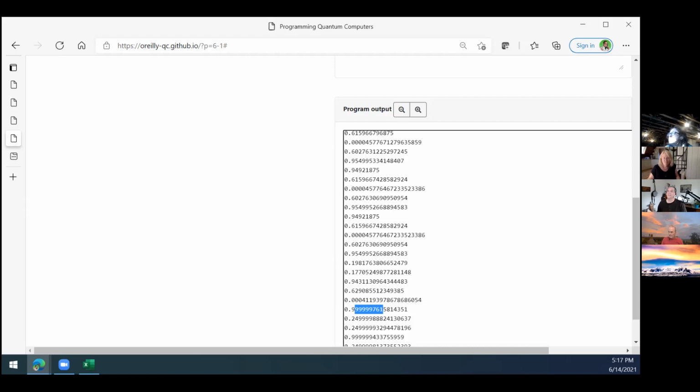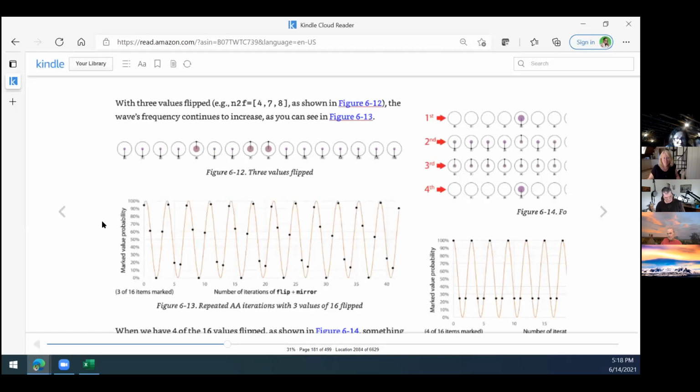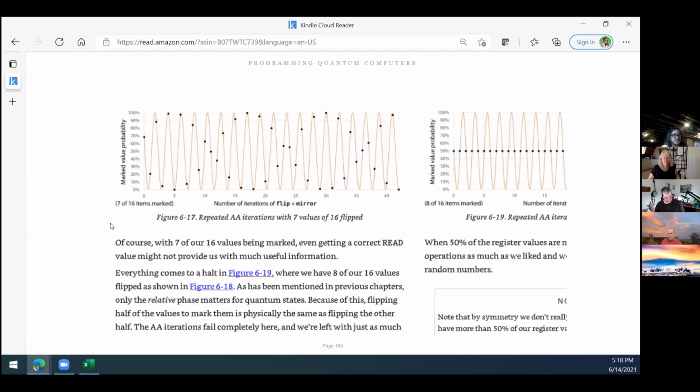I'm trying to remember, does anyone remember? There was something special about 7 marked items, and I can't remember what it was. So here, we see every so often it gets a really high percent.